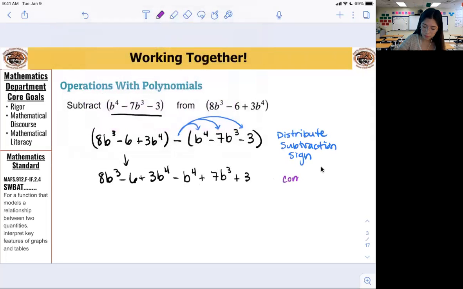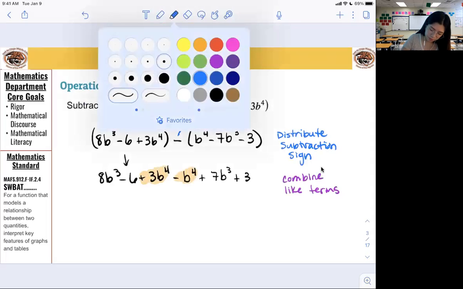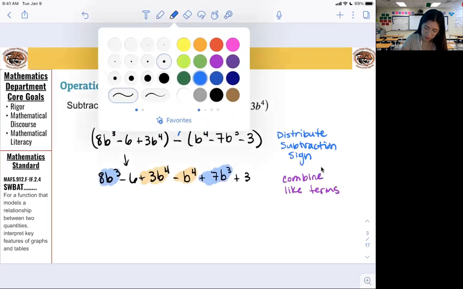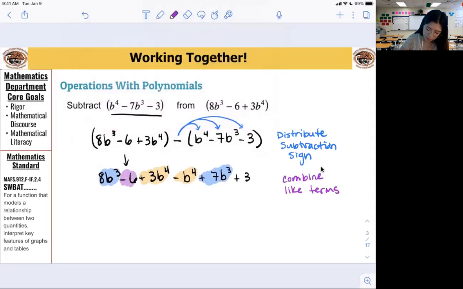The 3b to the 4 and negative b to the 4. And 8b cubed and 7b cubed. Good. And then obviously we also have our constants, so -6 and +3.